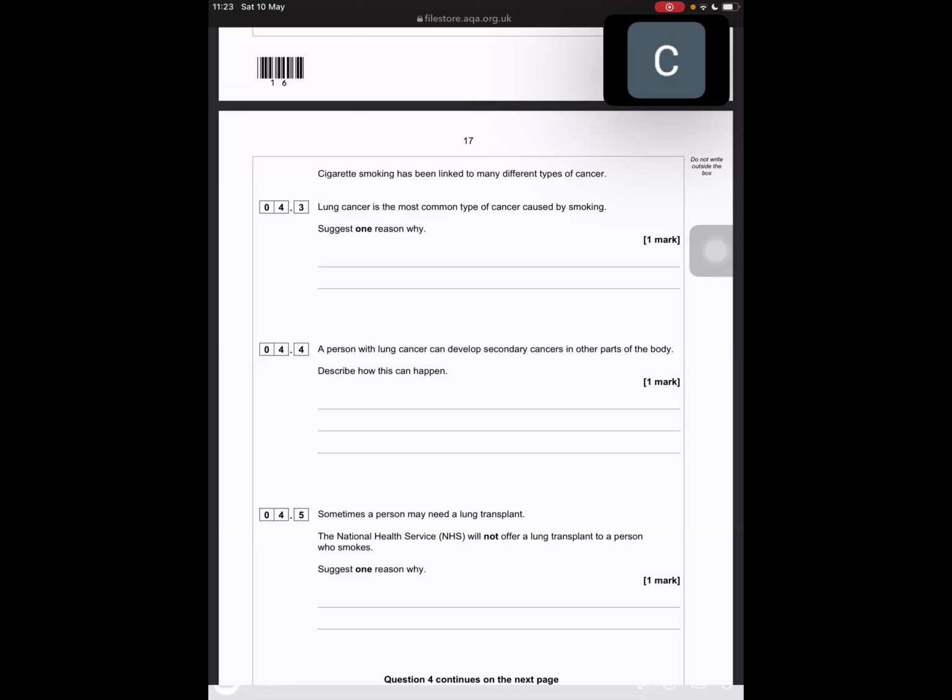Okay, let's move on. It says sometimes a person may need a lung transplant. The NHS will not offer one to a person who smokes. Why?